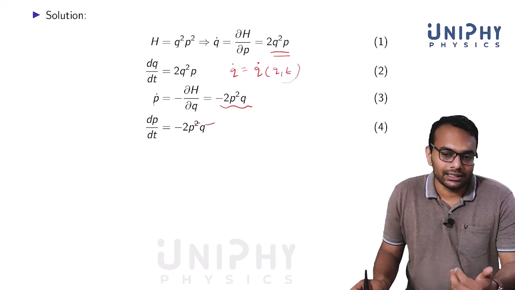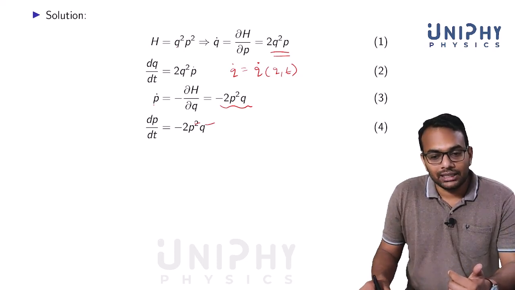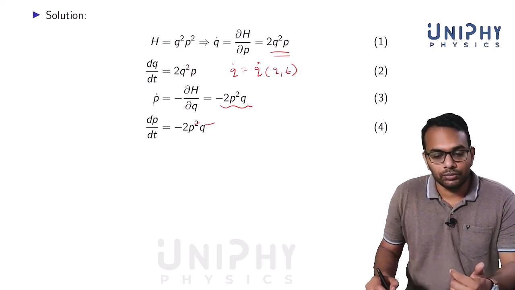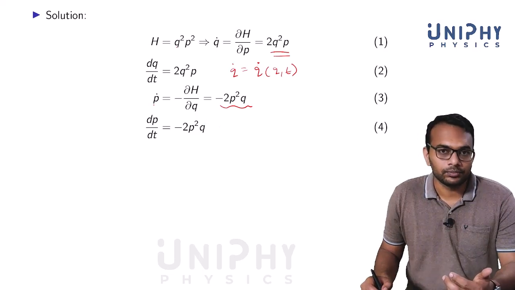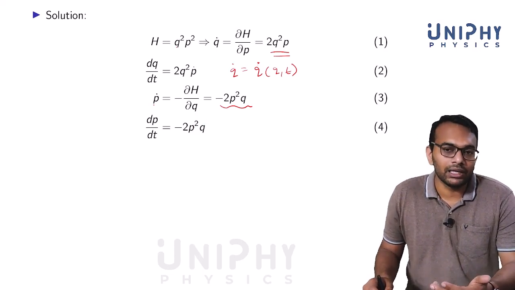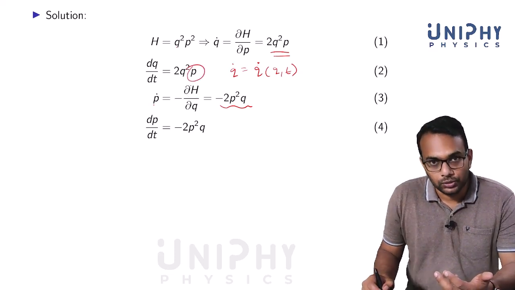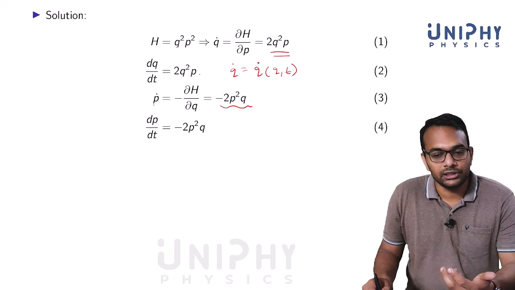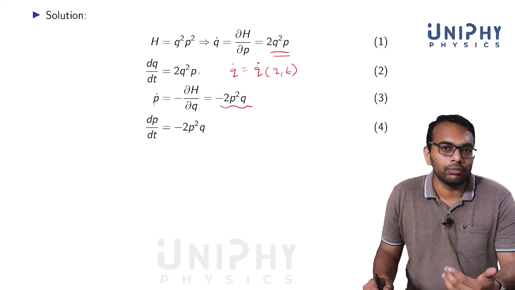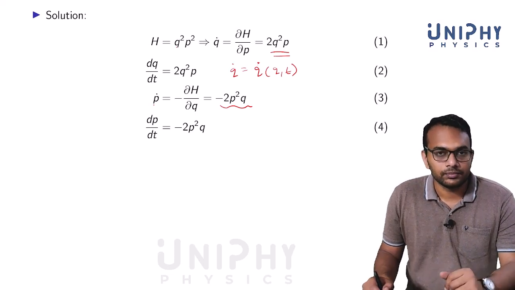Only then can you directly integrate it. Here you see that dq by dt has a p dependence and dp by dt has a q dependence, so you have to eliminate one of these. If we can find p as a function of q from these equations, then you can substitute it here, and then you will get dq by dt as a function of q and t alone. I hope that's clear.